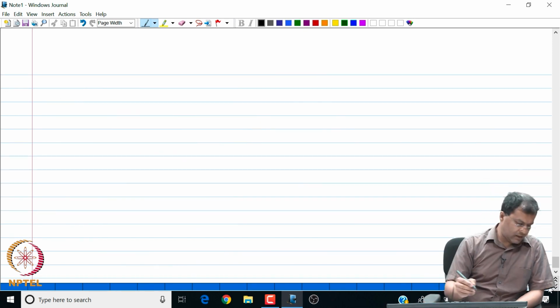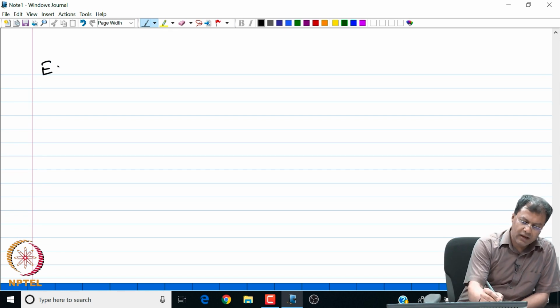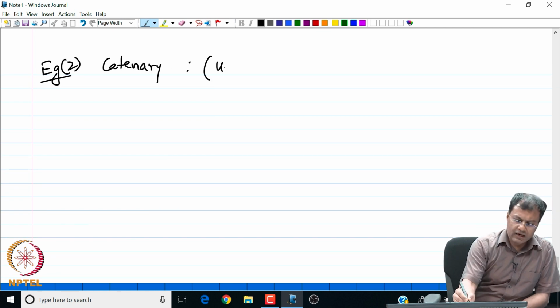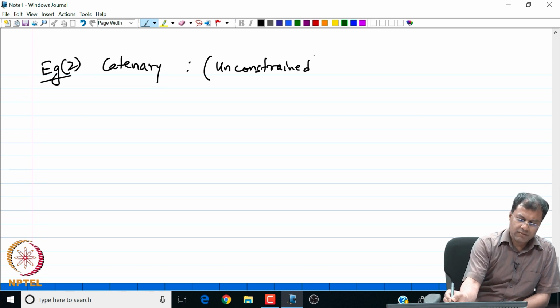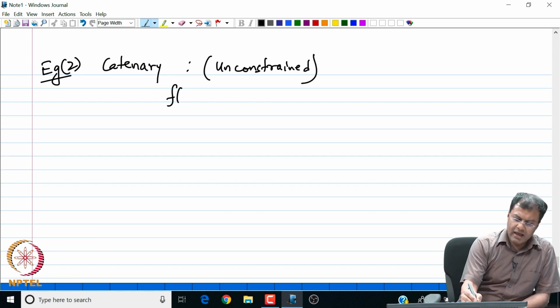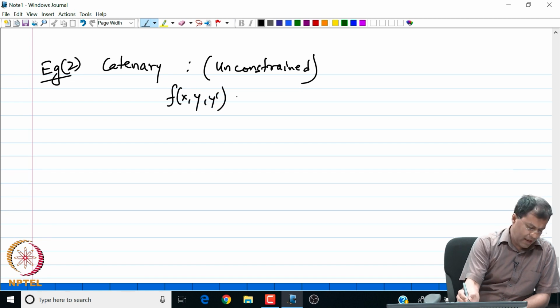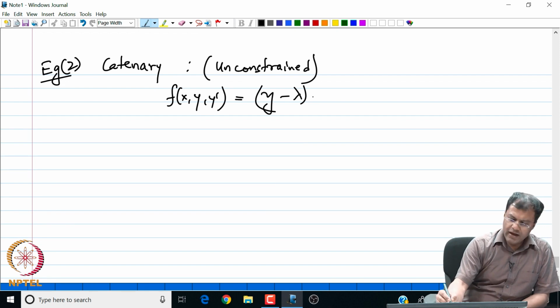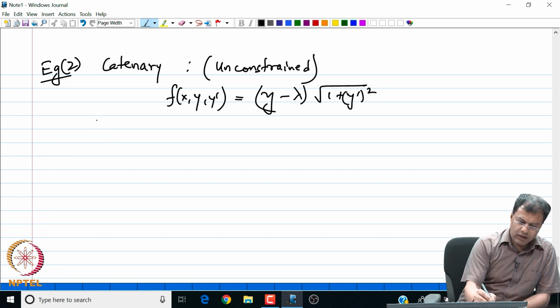We will end this discussion by giving one more example, that of the catenary. So, recall in our catenary problem, we will look at the unconstrained problem. In the catenary problem, my f of y, y prime is of the form y minus lambda times square root of 1 plus y prime square, and let me quickly evaluate this Legendre derivative f y prime y prime.